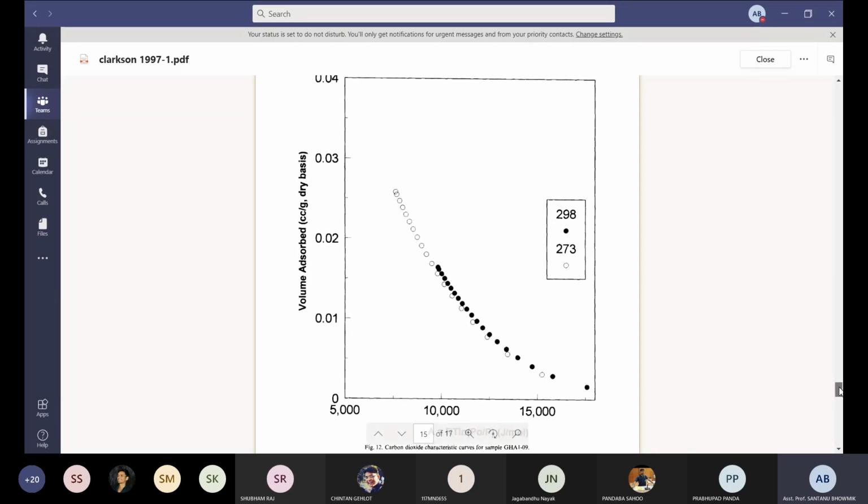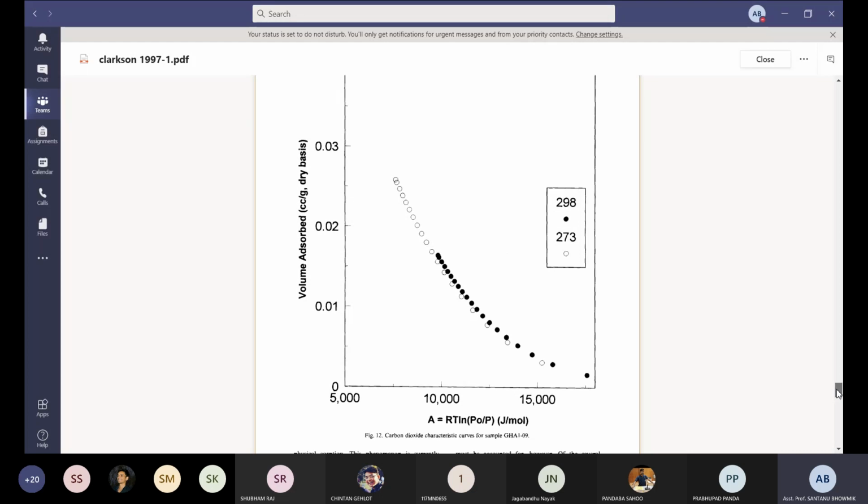So what is the observation? There are some definite differences in the adsorption potential for methane and carbon dioxide, depending on the volume adsorbed, the temperature, and the experimental pressure you apply.